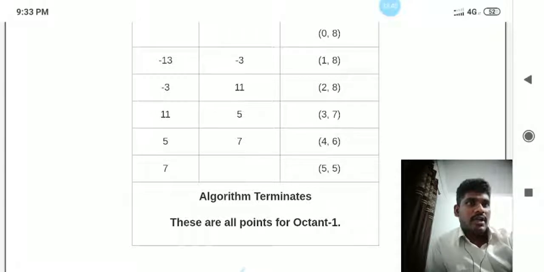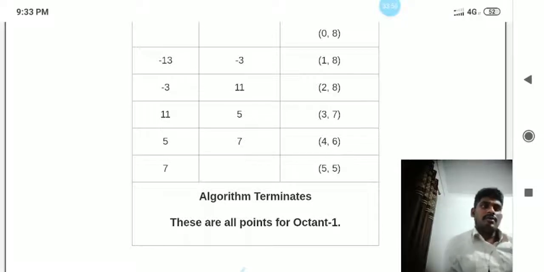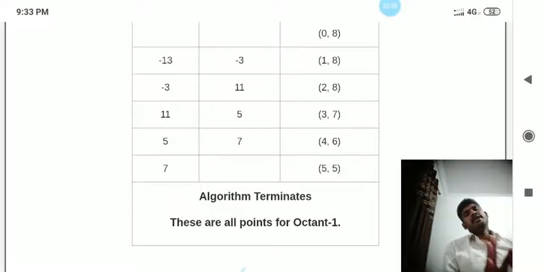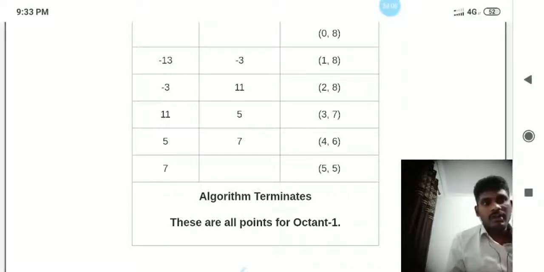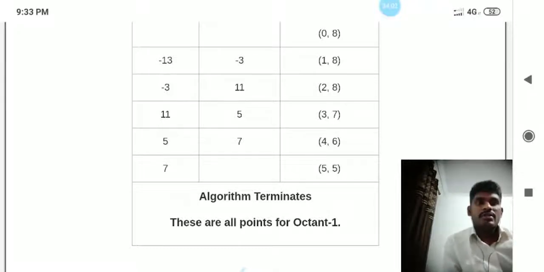So x 3 becomes 4, y 7 becomes 6. Again 7, a positive value, so case 2 again: x increases, y decreases. Then y is 5 and x is 5. They are both equal, so it will stop here.